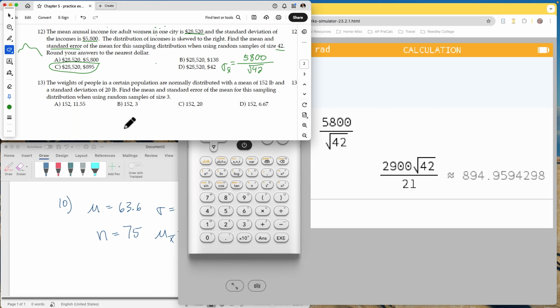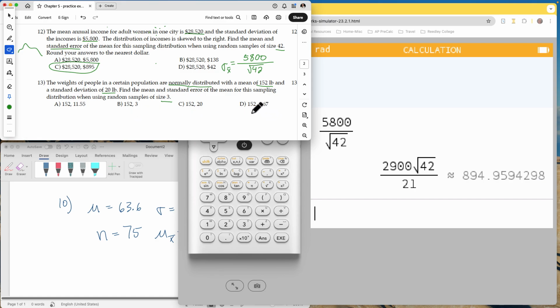Okay, one more. The weights of people in a certain population are normally distributed. A mean of 152 pounds, standard deviation of 20. You'll see, you always get this. Find the mean and standard error of the mean of the sampling distribution when using random samples of size 3. Now, since the population is normally distributed, we can have a sample size of any size, and it will be normal.